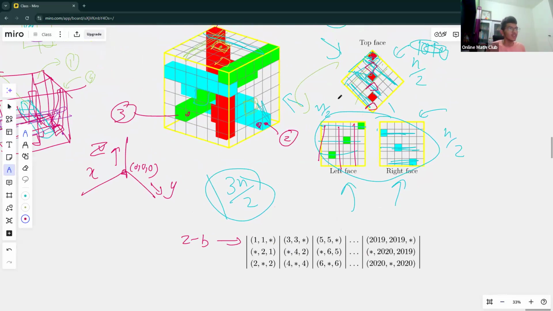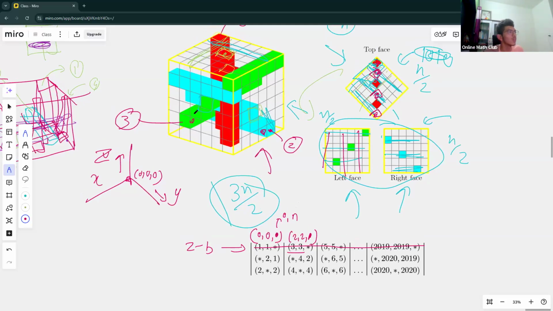So this is placed at (1, 1), then (3, 3), (5, 5), and so on. In our construction, this is actually (0, 0), and the z direction goes from 0 to n, because we are considering the beam perpendicular to the z direction.